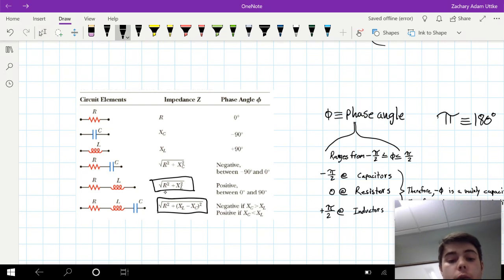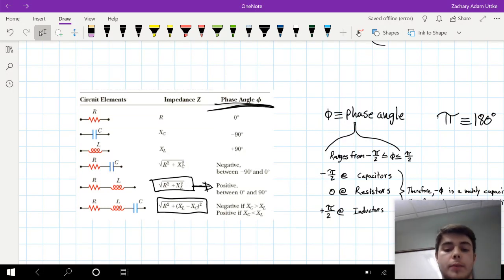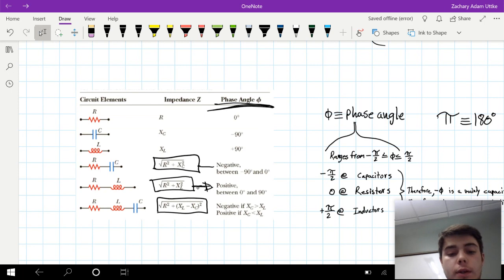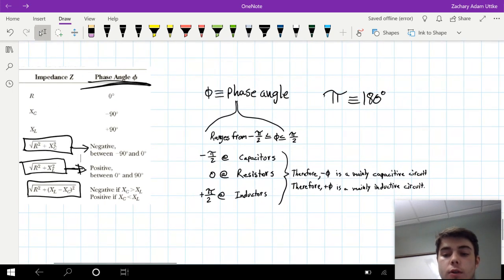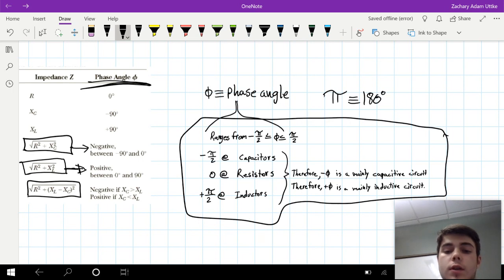And for this scenario, the phase angle is going to be positive. It's going to be somewhere between 0 degrees and 90 degrees. When we just have a capacitor and a resistor, it's going to be negative. It's going to be between negative 90 and 0 degrees. So that's exactly what this is saying right here. The phase angle can range from negative 90 degrees to positive 90 degrees.